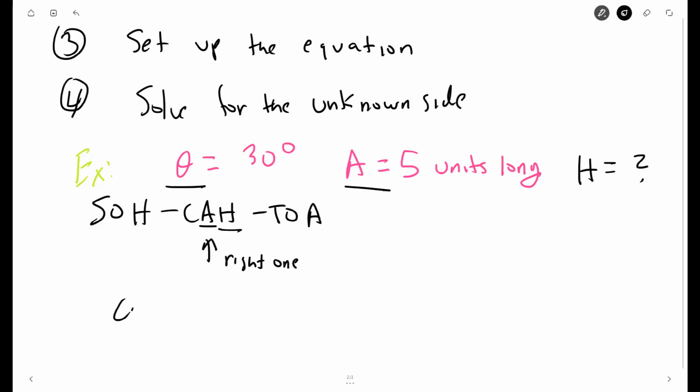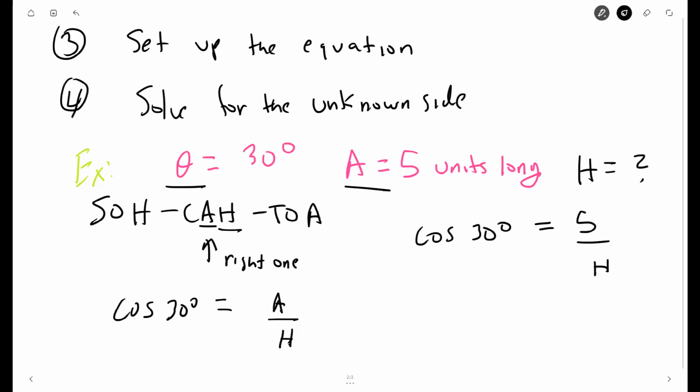So cosine of 30 degrees is equal to adjacent over hypotenuse. We need to find hypotenuse, and we're given adjacent. So we set up the equation and the ratio. Now we plug in adjacent: cosine of 30 is equal to 5 over hypotenuse.